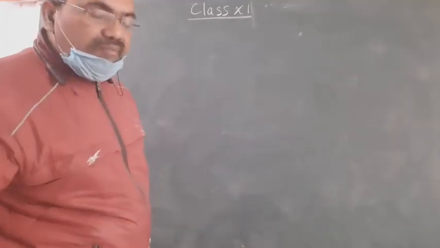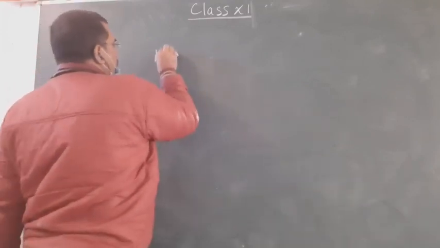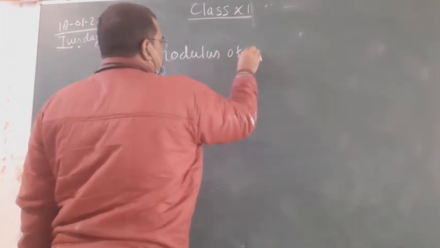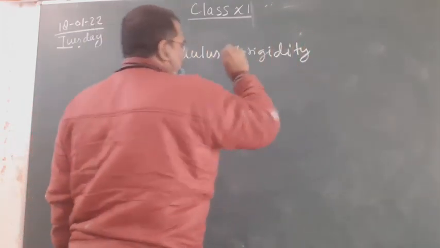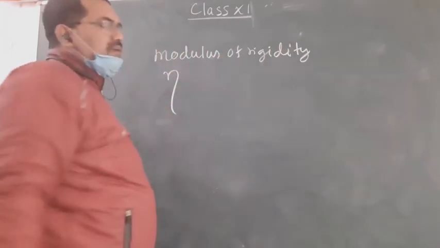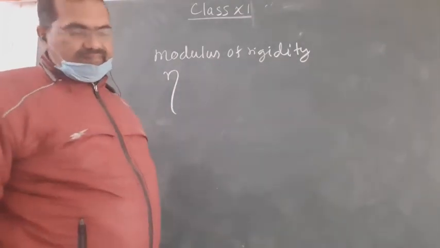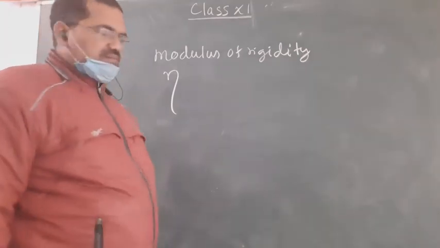Now a third type of elasticity called modulus of rigidity. Write it down. It is represented by eta and it is used when the shape of the body is changed. Consider a volumetric body.